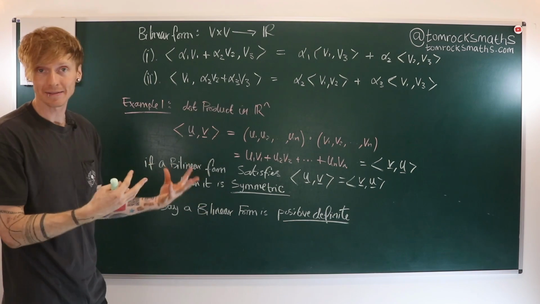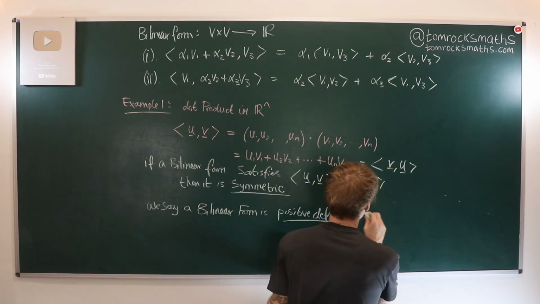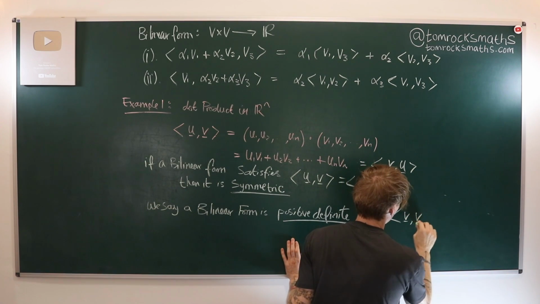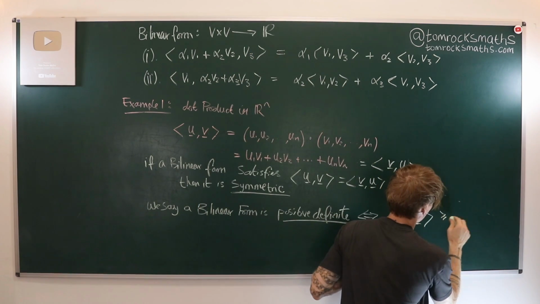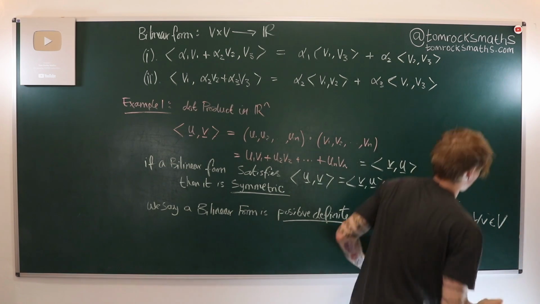So explicitly writing that out, it means that the inner product, or the bilinear form of v with v, is greater than or equal to 0, and this is for all v in our vector space.